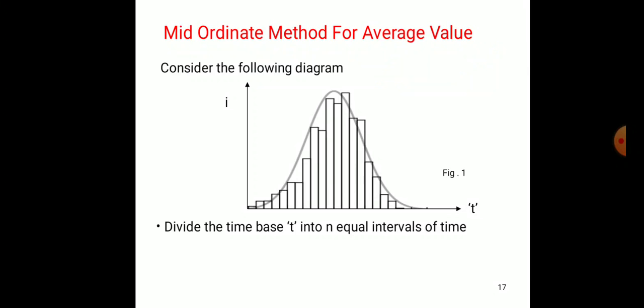In this, whatever the alternating quantity is, the time base T is divided into an equal number of intervals, and the quantity is measured in each interval, each of time duration T by n seconds.